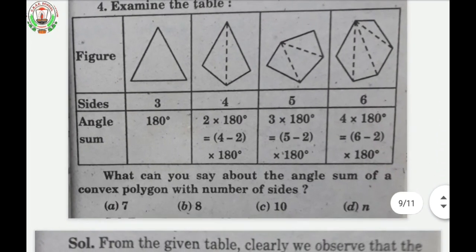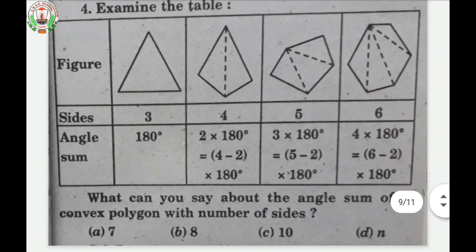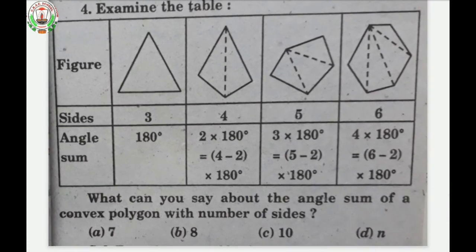Now look at the solution of question number 4. What does question number 4 say? Examine the table. Here the figures are given, their sides are given and the angle sums are given. The numbers of sides are 3, 4, 5 and 6, and the angle sums are given. The question asks what you can say about the angle sum of a convex polygon with a given number of sides.